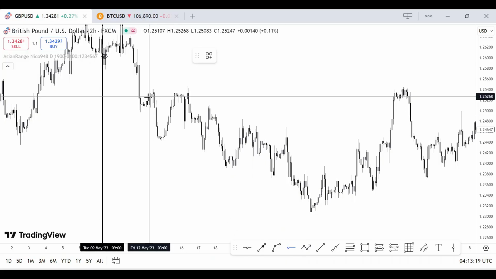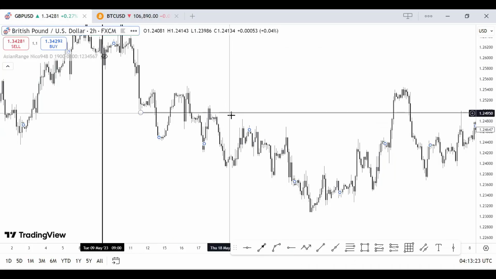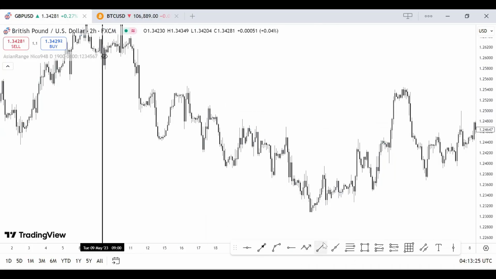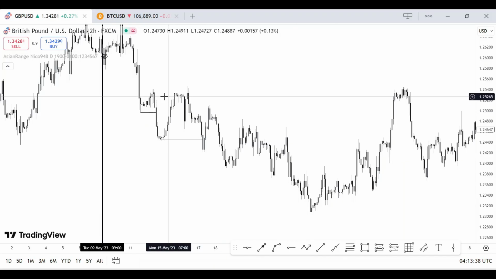For example, you can see price broke the structure here. Price broke the structure here. Broke it to the downside again. What do you do?